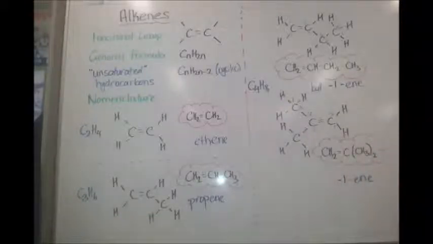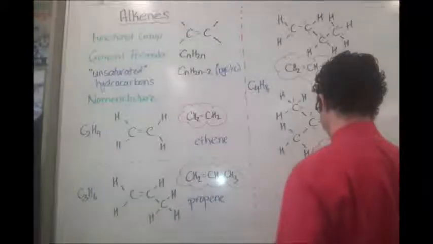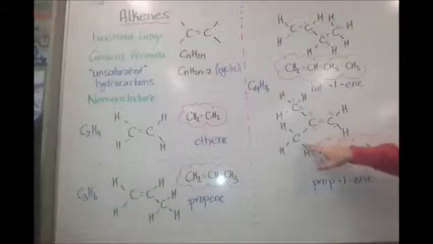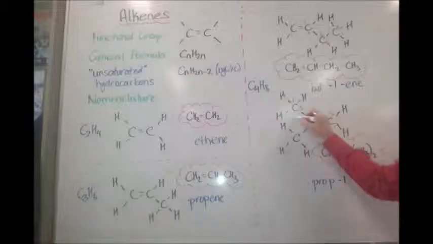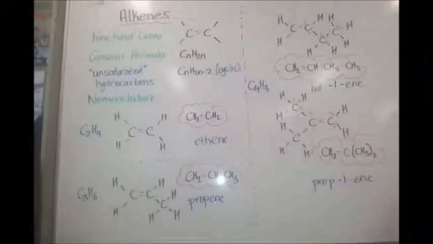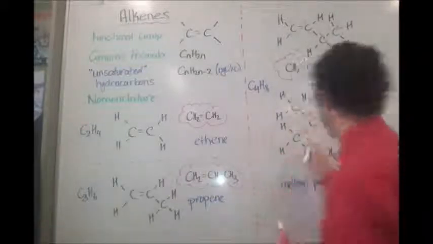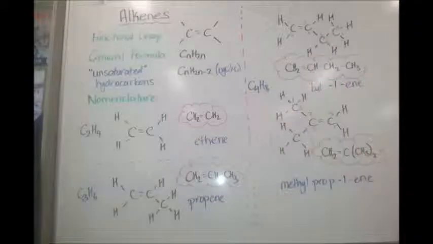It's got 3 carbons in its longest chain, so it's prop-1-ene. Okay. And then I've got a side chain here that is made up of 1 carbon, so it's methyl. And technically it's 2-methylprop-1-ene.